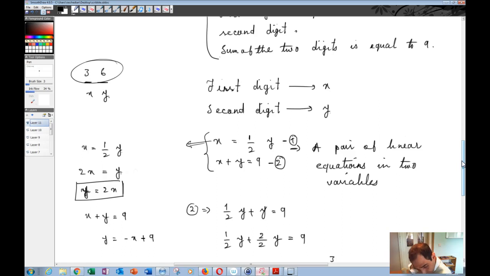And now what we have here is some information regarding these pairs of linear equations in two variables.